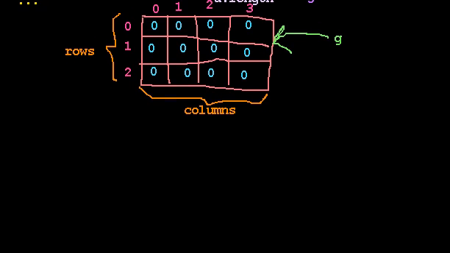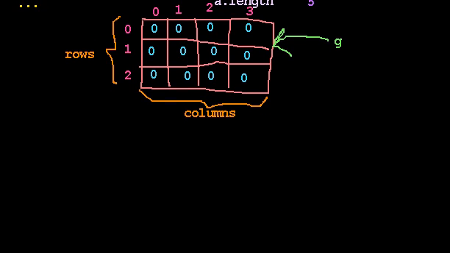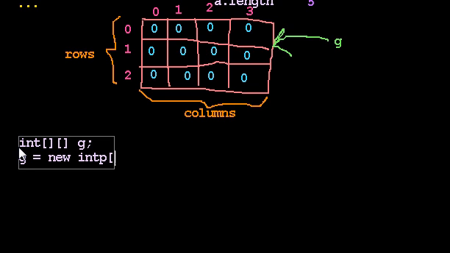Let's keep that on the screen. Okay, what is the code to create that thing? Well, I'm going to write that I have integers inside my array, and it's an array, so I have brackets, but it's a two-dimensional array, so I will have 2 sets of brackets, and my variable is G, and I will initialize G to refer to a brand new two-dimensional array.